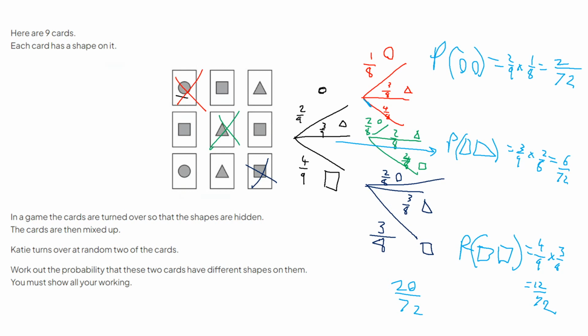And then the probability of two different is just going to be 1 minus 20/72, which is 52/72. If you want to simplify that, you can simplify it and it will become 13/18. And that is our final answer.